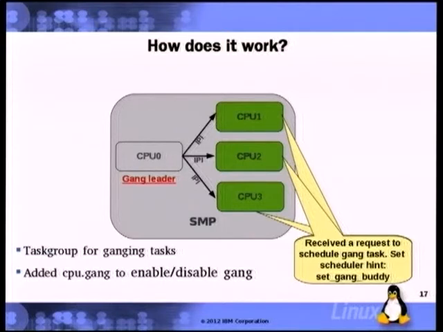All this is achieved using task groups for grouping the vCPUs, and it's a single knob to enable or disable gang inside the CPU controller group, that is CPU.gang.